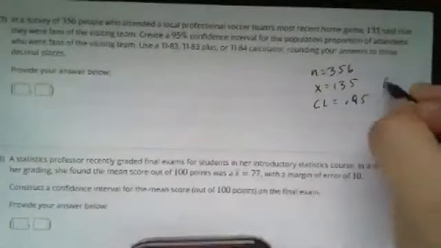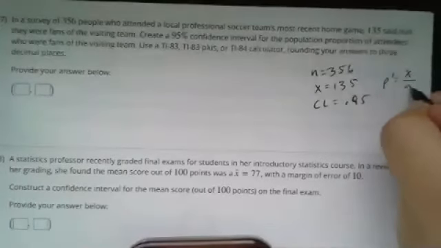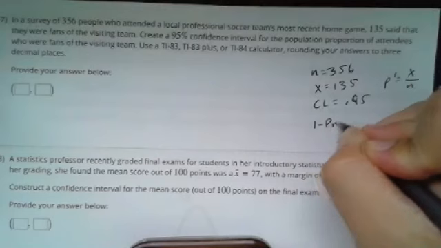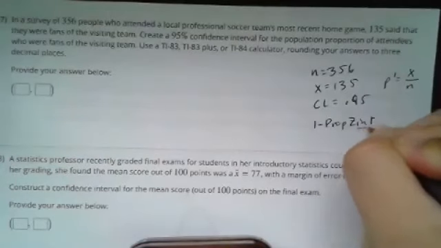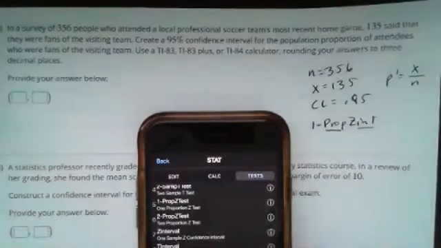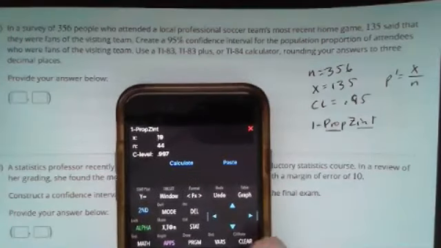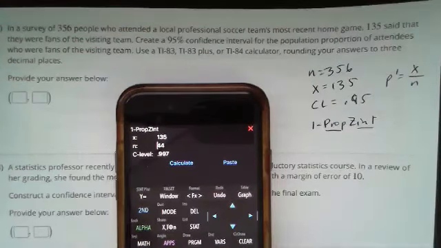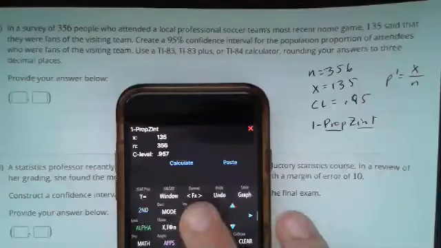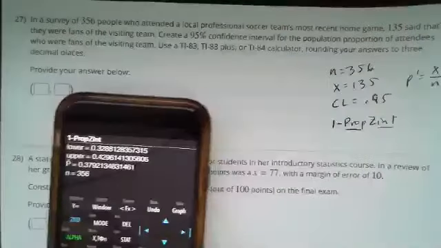This is pretty straightforward. This is a one-proportion z interval, because you're finding the interval and you're given a proportion. So you go to stat, test, and then 1-PropZInt. You have x is 135, n is 356, and your confidence level is 0.95, and then you just calculate it, and that's it.